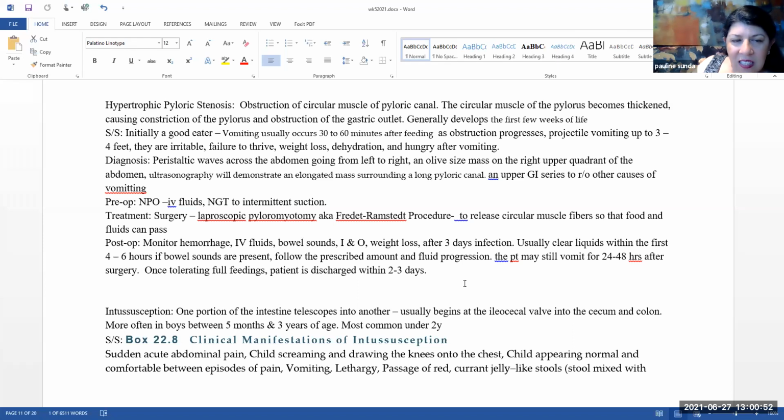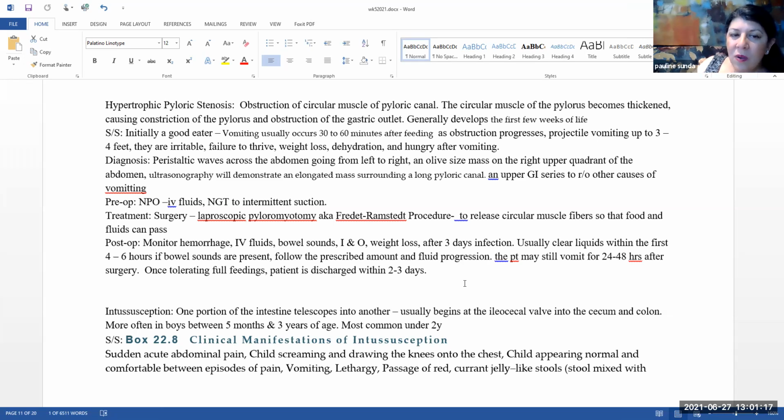Initially, they are a very good eater. Vomiting occurs usually 30 to 60 minutes after eating. As obstruction progresses, they can develop projectile vomiting up to 3 to 4 feet. They are very irritable, they have failure to thrive, weight loss, dehydration, and they are hungry after they have vomited.